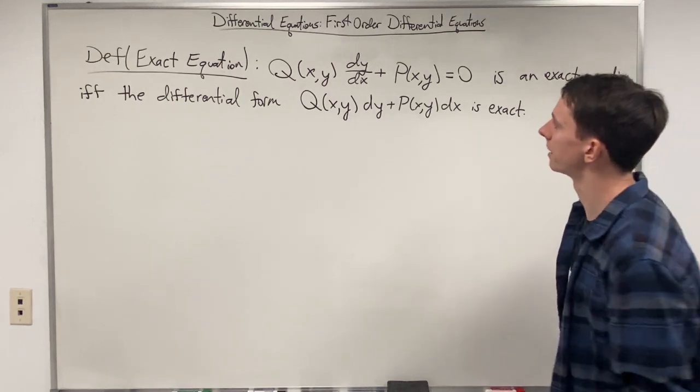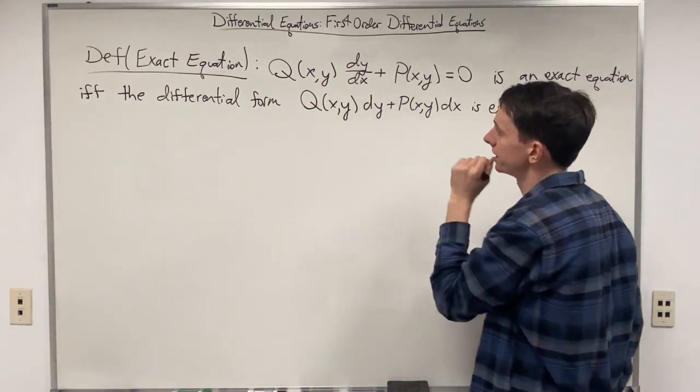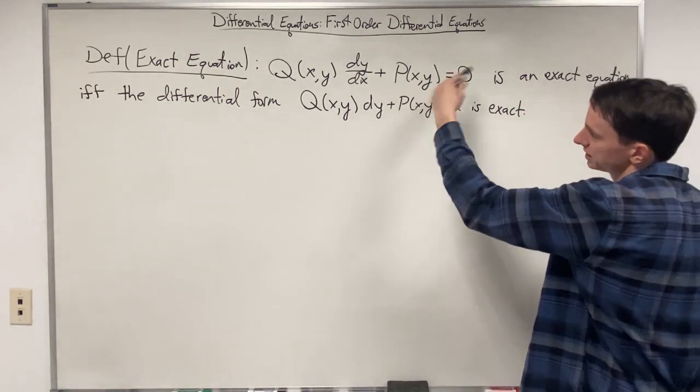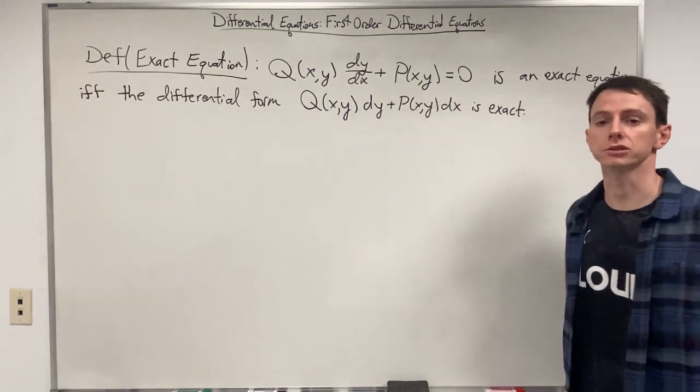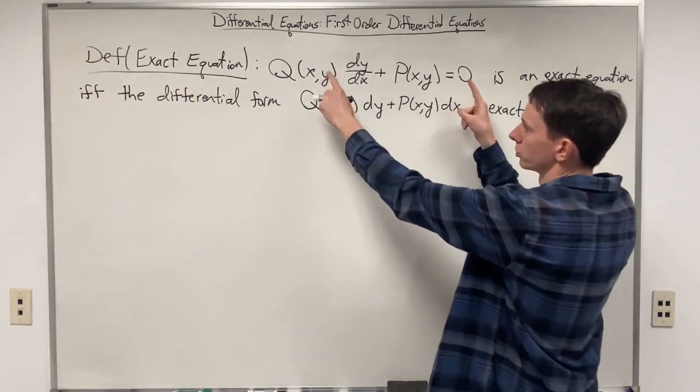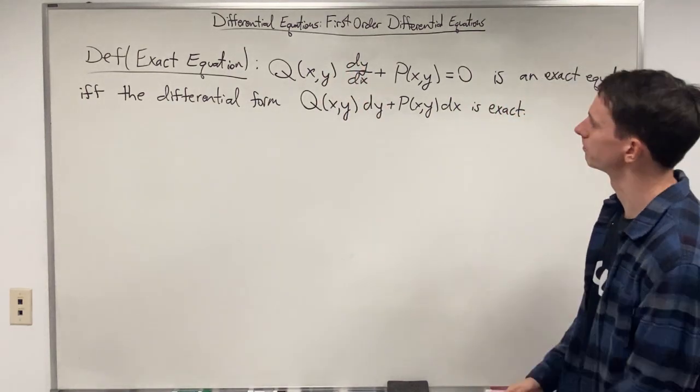And hopefully we see that. If we multiply this first term by dx, then we get q times dy. And then obviously if we take p times dx, that's what this term is right here. So that's the process of going from the differential equation to the differential form.